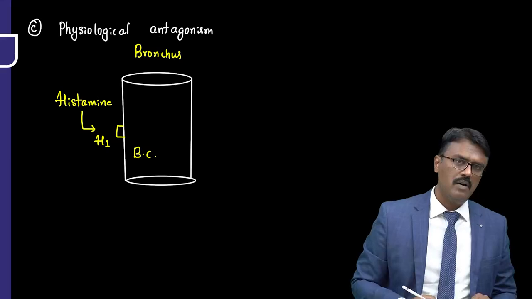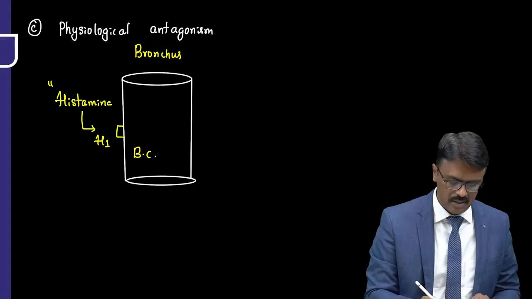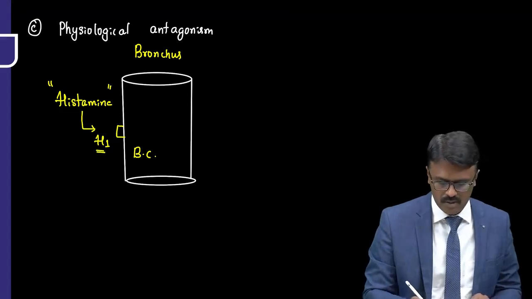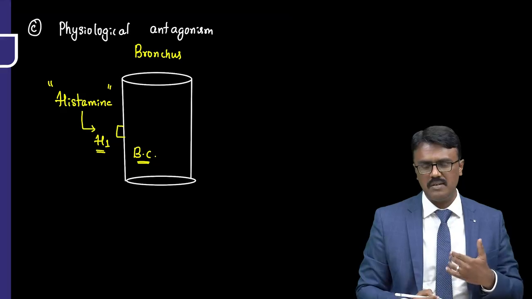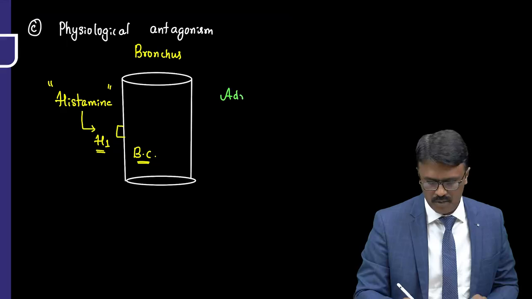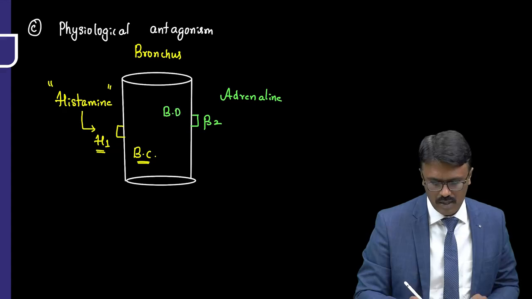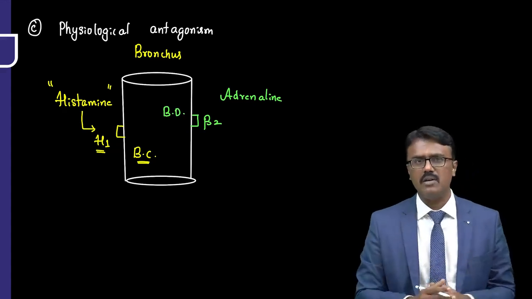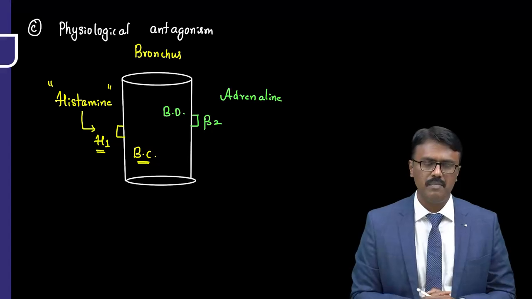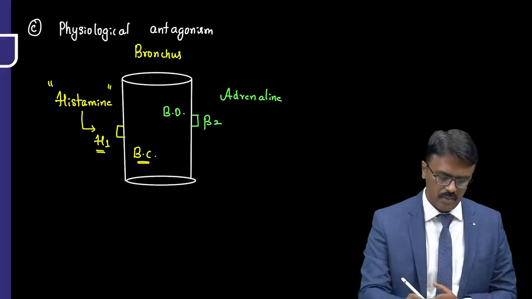Now, you have heard about anaphylaxis. The main problem in anaphylaxis is histamine acting on the H1 receptor and causing bronchoconstriction, wheezing. Now, the antidote for that, the drug of choice for that, is adrenaline. When you give adrenaline, it acts on the receptor called beta 2 and it causes bronchodilation. So it will antagonize the action of histamine. But when do you call it physiological? There are two important rules.